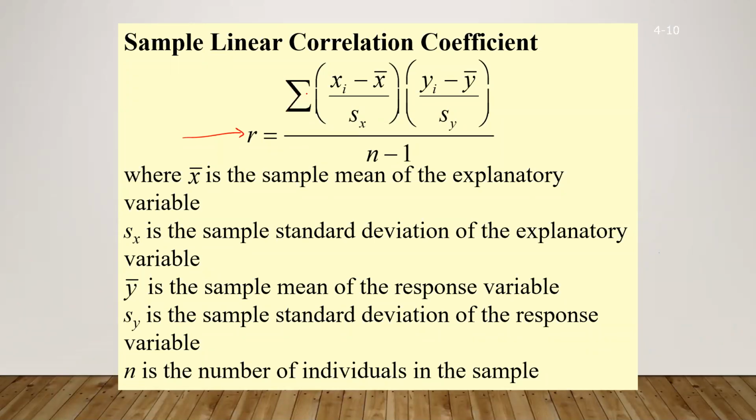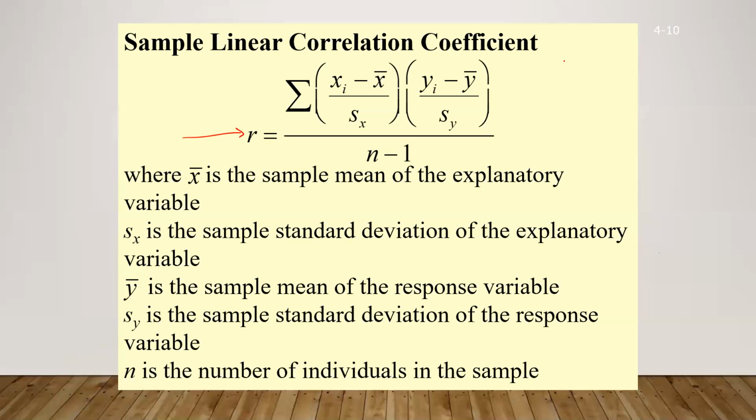So it's the sum of each X value minus its mean divided by its standard deviation, times each Y value minus Y bar, which represents the sample mean of the Y variables, divided by S sub Y, the standard deviation of the Y variables. You figure out what that sum is, and then you divide by n minus 1.